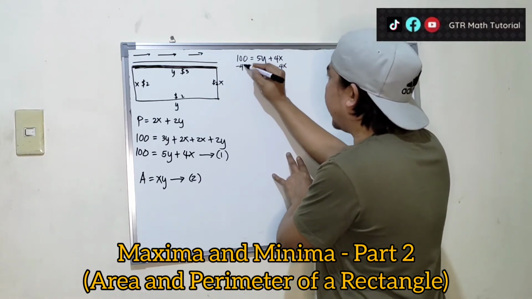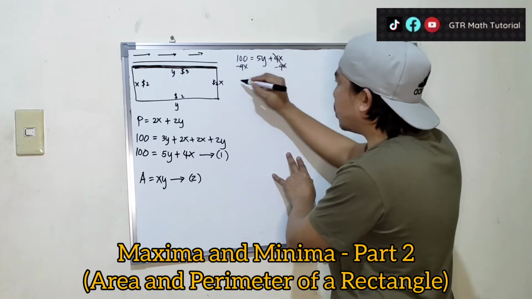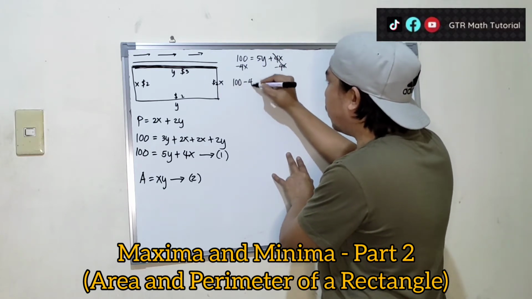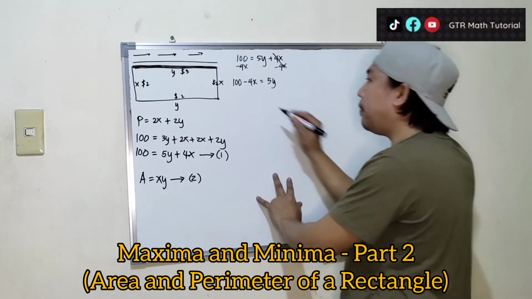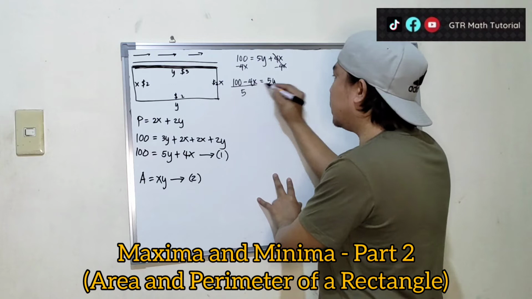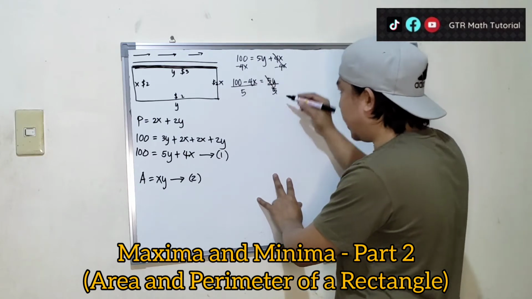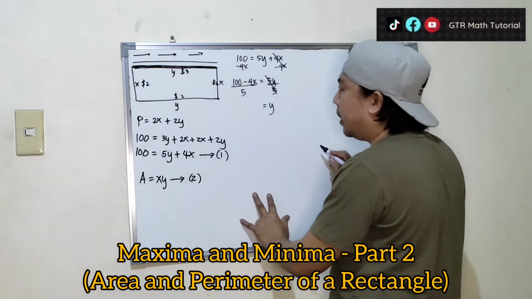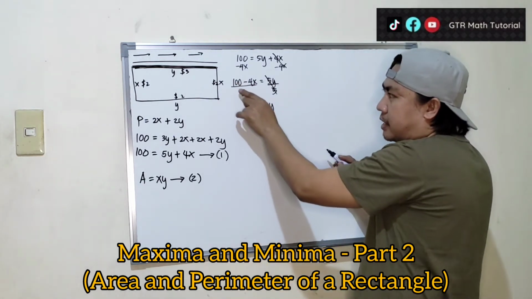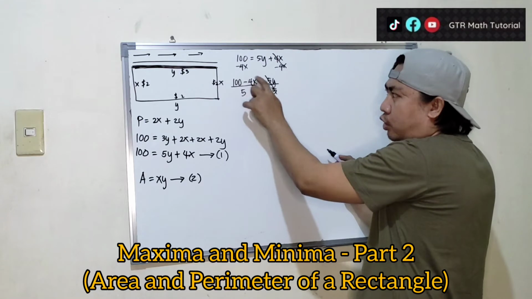So we have 100 minus 4x equals 5y. Then divide both sides by 5, so that the right side becomes y only, and divide the numerator by 5.